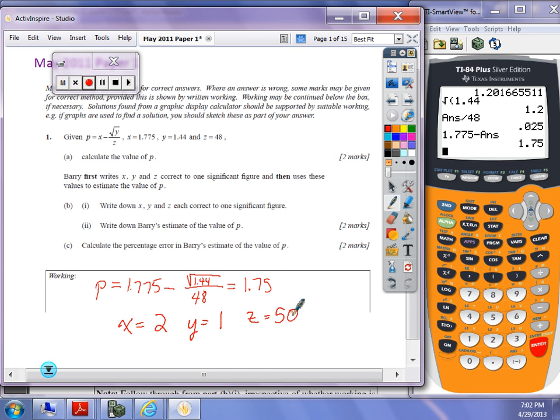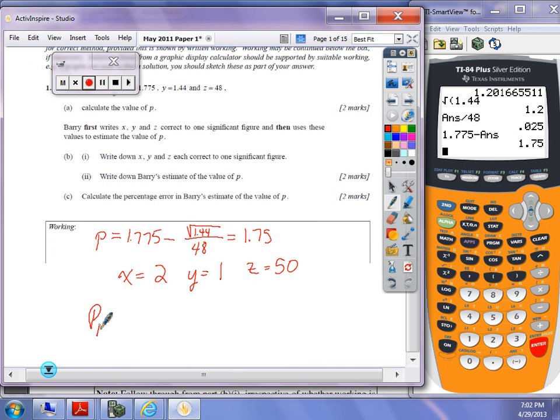And then we're going to calculate Barry's estimate of P. So what Barry has done, I'm going to call this Barry's P, is equal to, and he's substituting in the wrong numbers. So he's got for x 2, and for y, he's got 1, square root of 1, divided by 50.